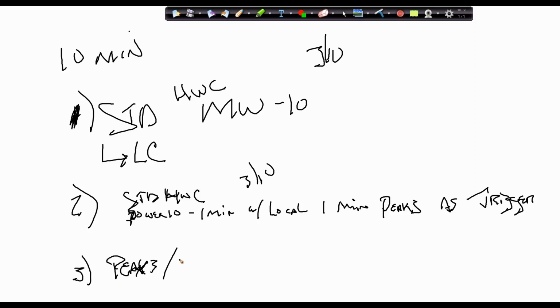But now we're looking at the Peak 3 10-minute with the Peak 3 30. So 10-minute local, and then we bring this over from the 30-minute chart. And it's still a 10-minute trade.